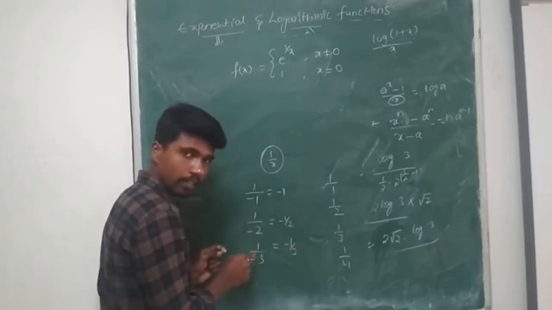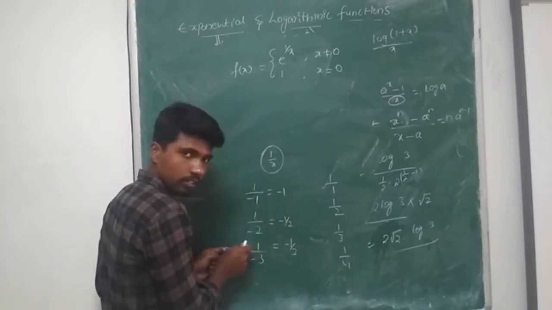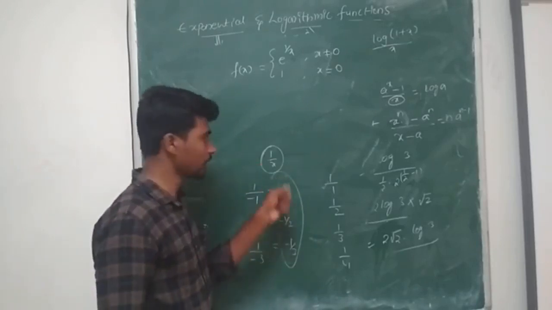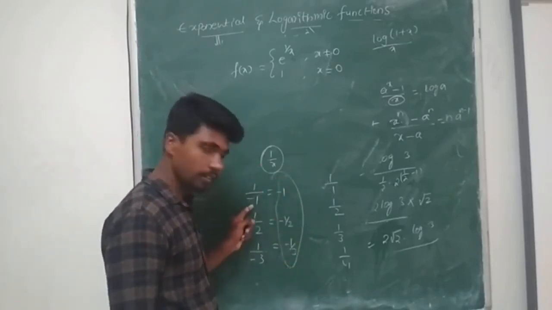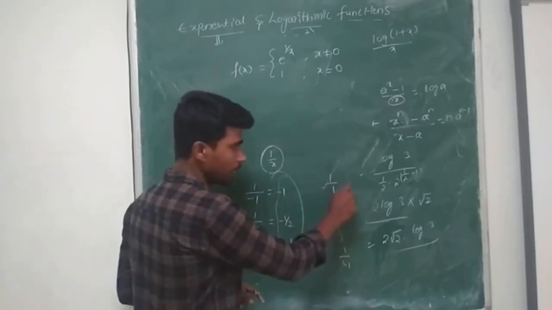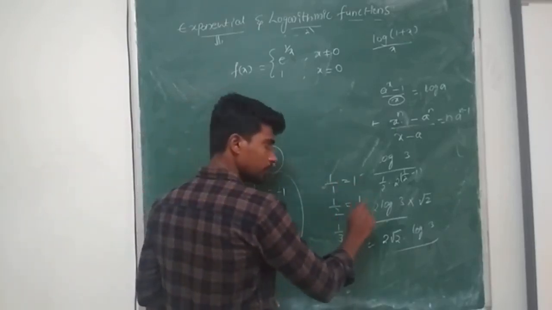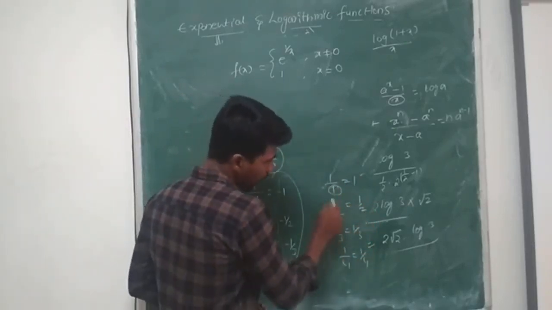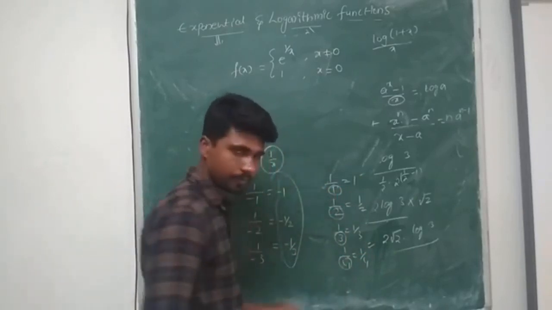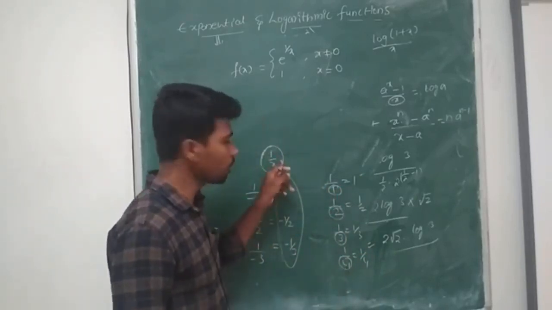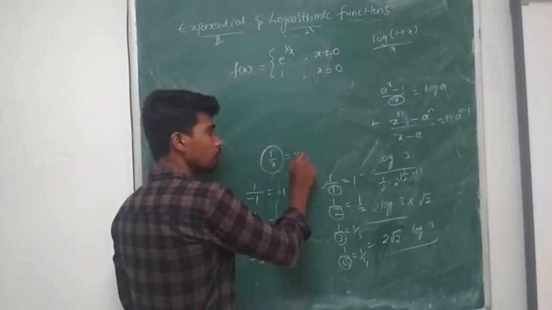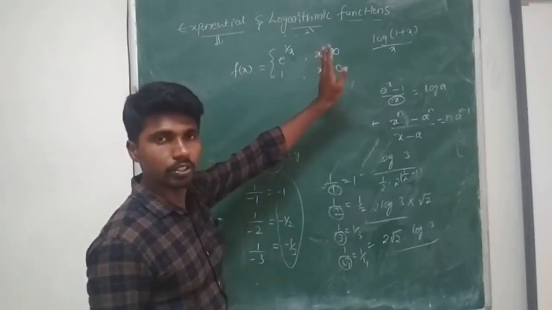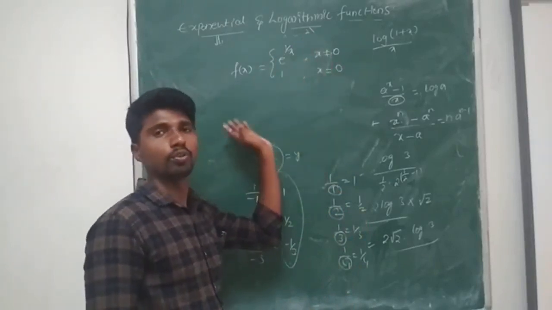In the case of negative values, the denominator increases, but the value of the function increases. But in this particular case, 1 by 1 is 1, 1 by 2 is 1 by 2, 1 by 3 is 1 by 3, and 1 by 4. What happens? If the value of x increases, the value of 1 by x, nothing but the value of y, decreases. So this depends on whether the x values are positive or negative.